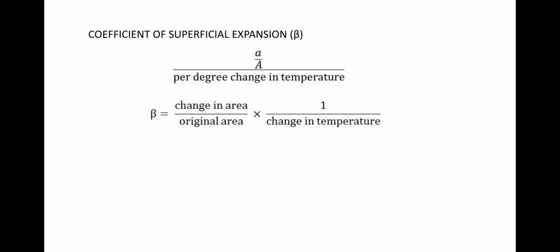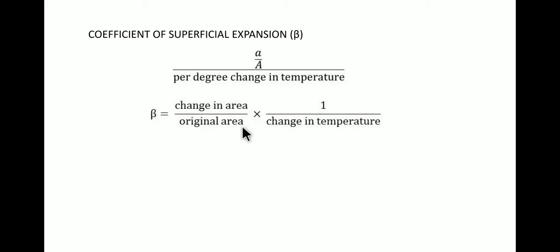Just similar to the linear expansion, we can also write this in a similar way, only the difference is it was represented by alpha. Here we have beta, which represents the superficial expansion, and in terms of length, here we have area. Only that is the difference.